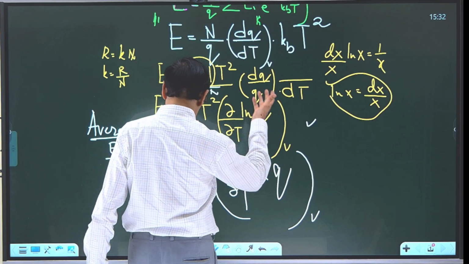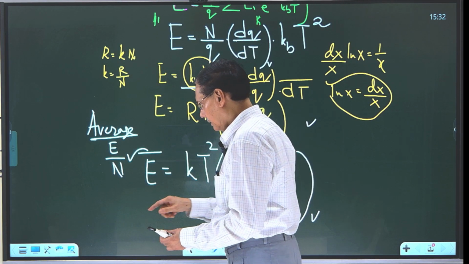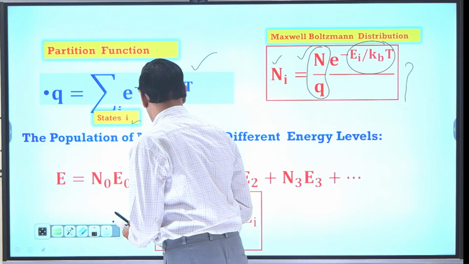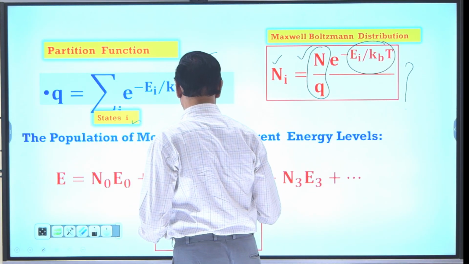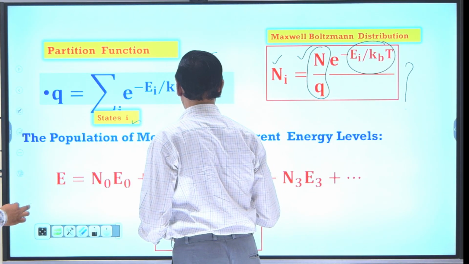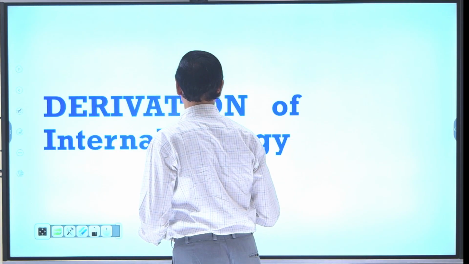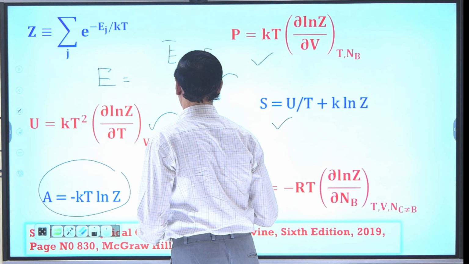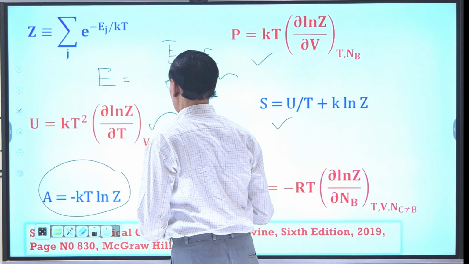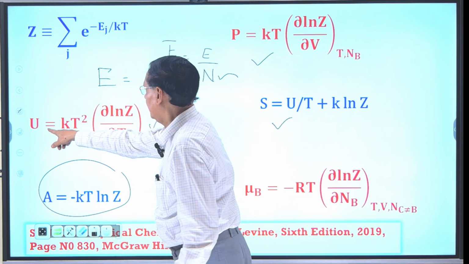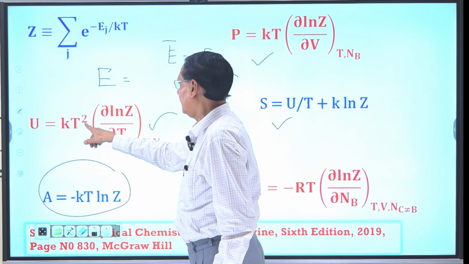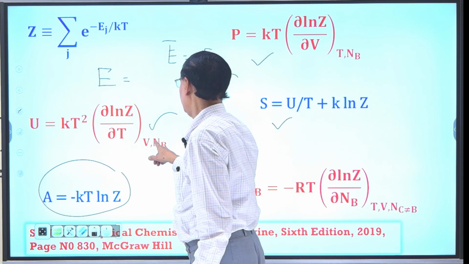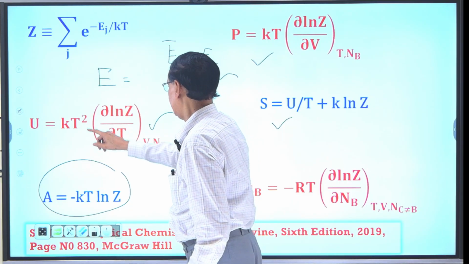So again, if I go to my backside original, I think this one. So just you see the final formula whenever I written here. You see, this is our formula. This is equal to K T square d by dt natural log Q at constant volume, and other.